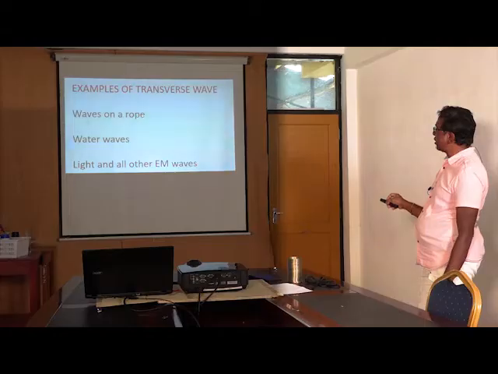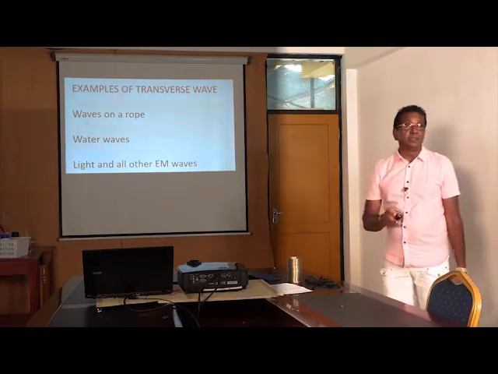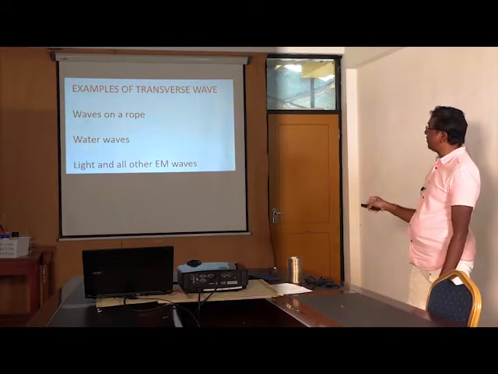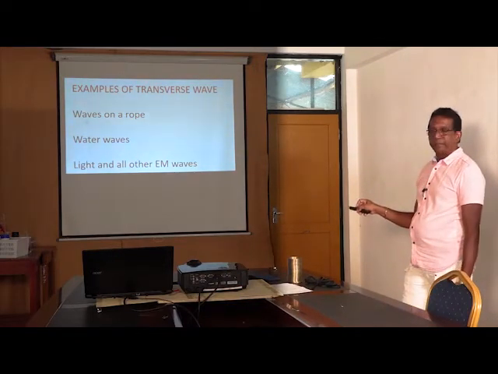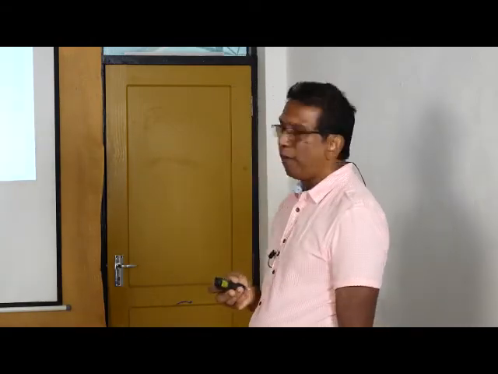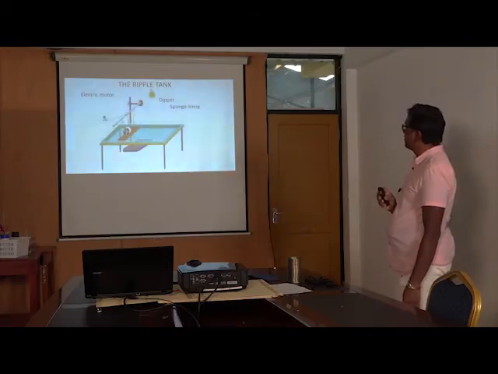You have seen the wave in the rope, the water waves, and another solid example of transverse wave is a light wave and all the other electromagnetic waves. Light wave forms part of a whole family of waves called the electromagnetic waves.